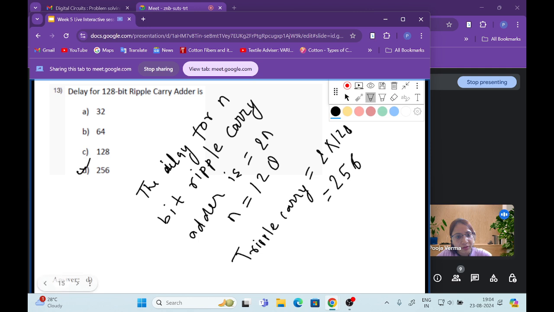Option D is the correct answer. The formula is 2n, so the delay for an n-bit triple carry adder is 2n. I hope you got it. So moving to the next question.